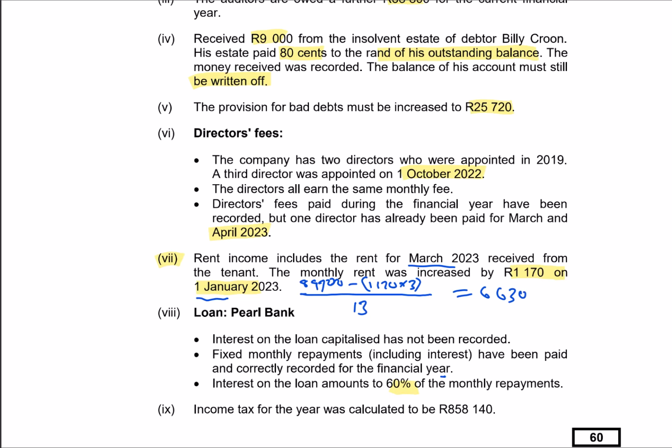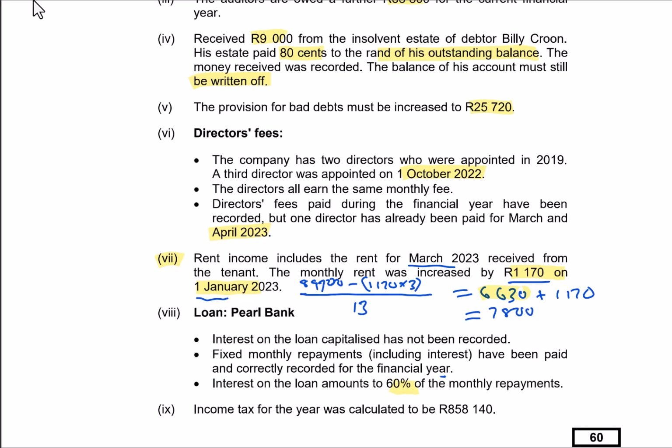To get the rent after the increase, we need to add, because this rent is before the increase of 1,170. So plus 1,170. That will give you the rent after increase, which is 7,800.